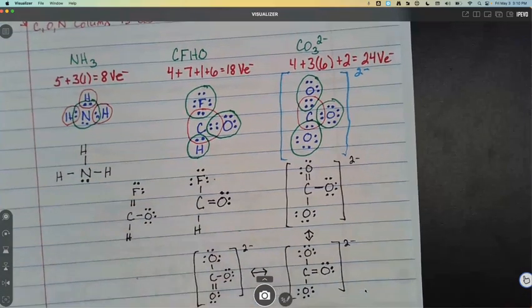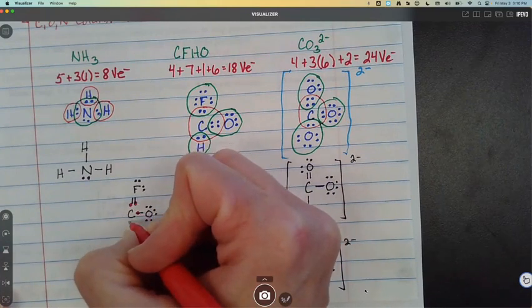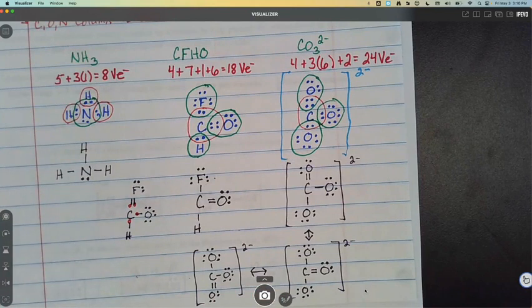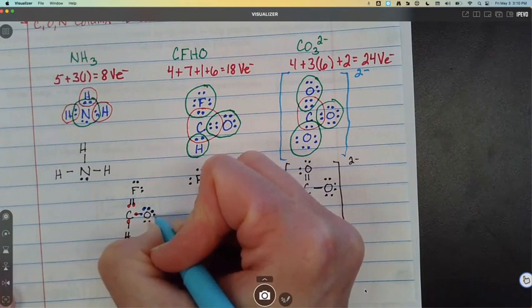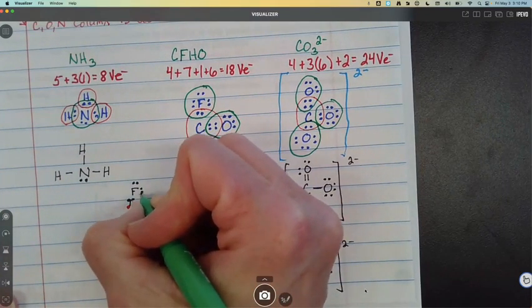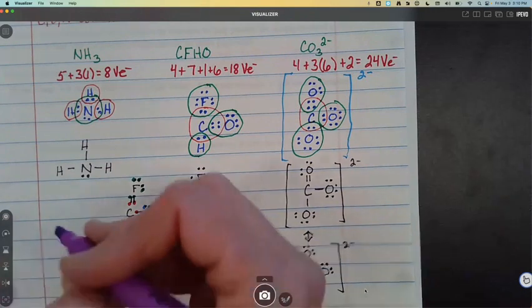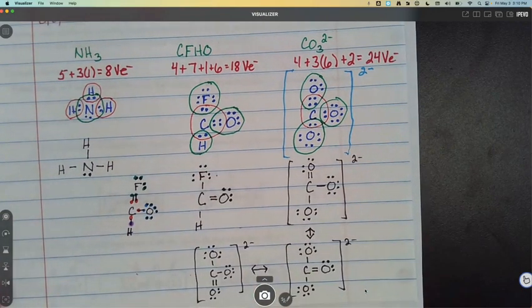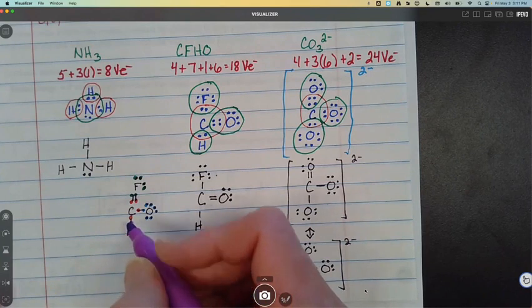So I'm going to do the formal charge for these. So in this scenario, carbon gets credit for those electrons. Oxygen gets credit for those electrons. Fluorine for those electrons. And hydrogen, running out of colors here, gets credit for this one down here. If I calculate the formal charge in this situation, hydrogen should have one valence electron.